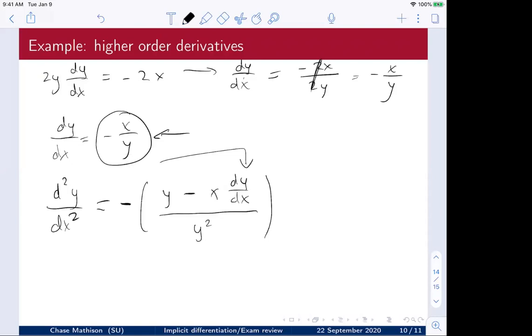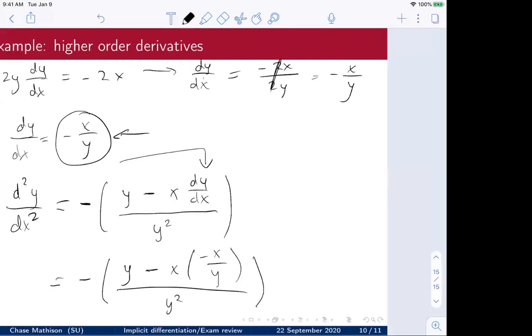Okay, so this is negative y minus x times negative x over y, divided by y squared. Okay. So this is negative.